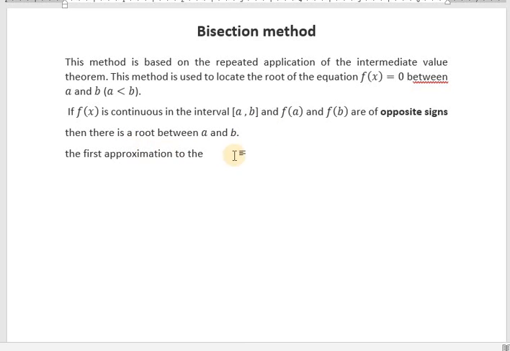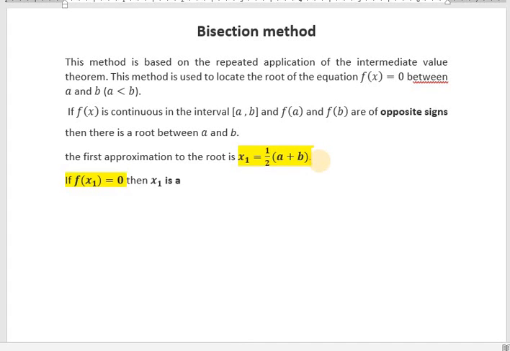The first approximation to the root, that is x1, is equal to half into (a plus b). If f(x1) is equal to 0, then x1 is a root of the equation f(x) = 0.